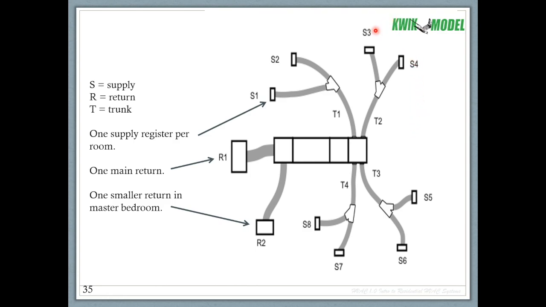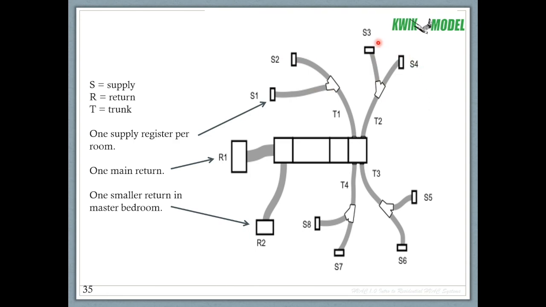Some of these rooms might have people in them, so that's how you account for what kind of room it is. That will all be factored into the load of the room. So all we really care about is the numbers associated with each one of these supply registers in terms of heating and cooling load. Our job is to size these ducts to make sure we get the right amount of air to each one of these rooms.